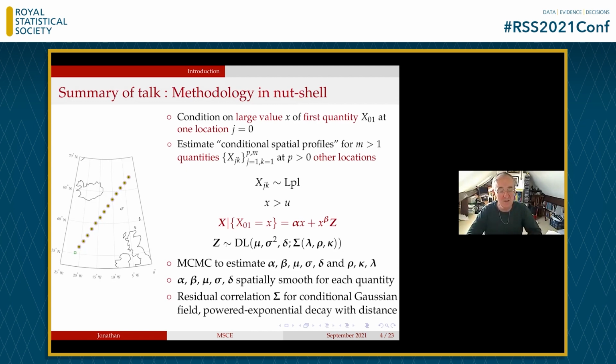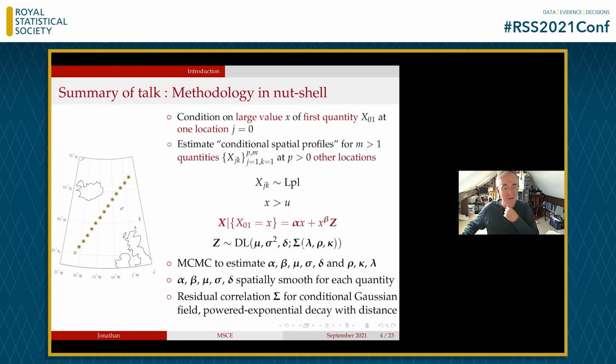We found that a delta Laplace model or a generalized Gaussian distribution is a good way of describing that residual process. This residual process has all of these parameters in it. Some of these parameters vary spatially smoothly because they tell us about the decay or the evolution of the parameter in space.